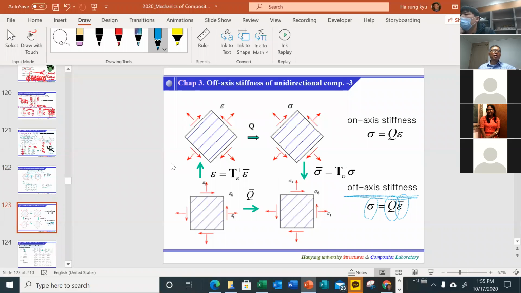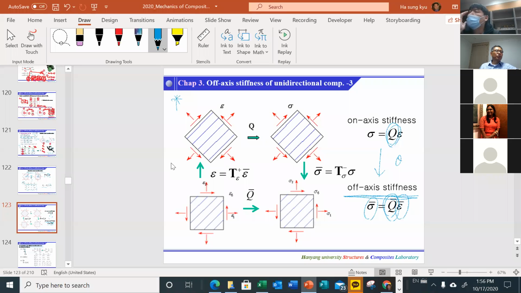Well, we will use the on-axis stiffness, which is given, and then use theta. So Q bar will be given in terms of Q and a function of theta. Graphically, this is a very important representation. Please understand this flow.